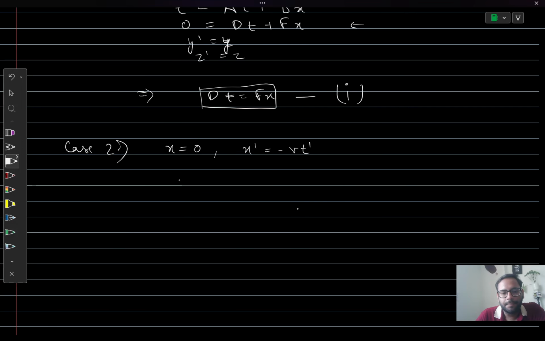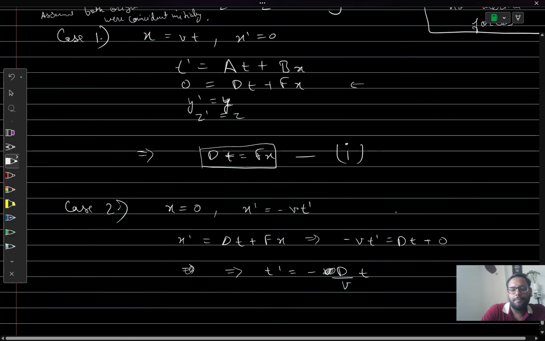So let's put the x prime. It was dt plus fx. This will lead to minus vt prime equals dt plus 0, right? So you find that dt prime equals minus d by v and t.